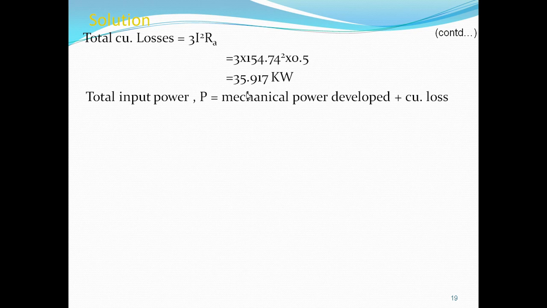So what is the motor input? We have to add both mechanical power developed and copper losses. So that is 135 kilowatts and 35 kilowatts, then we get 171.54 kilowatts. This input is equal to root 3 VL IL cos phi.